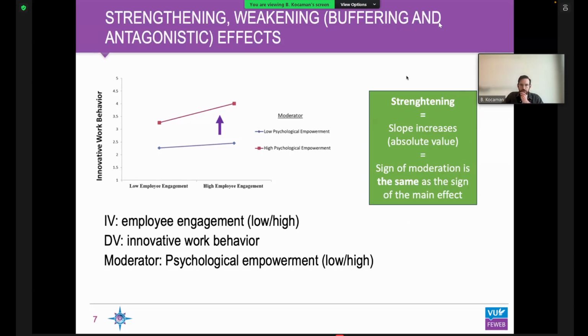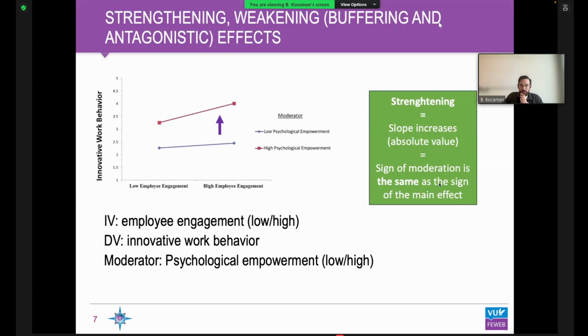To recap, you have a positive effect at each level of the moderator, so the main effect is positive. Then you see that the higher level of the moderator, going from low to high, increases and intensifies this relationship. So we talk about the strengthening effect.